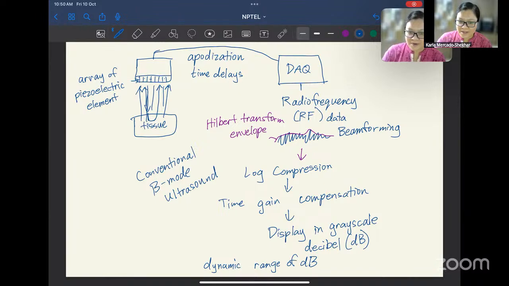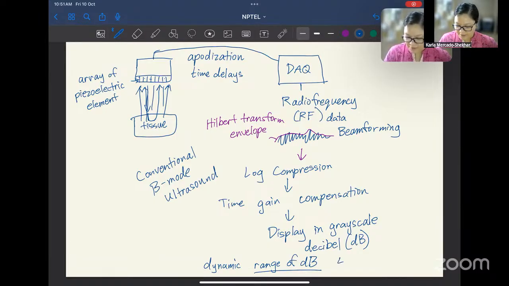So if you have a really bright echo and your display is in decibel scale, sometimes the bright echo will be too bright for you to see any of the lower backscattering type structures. So then the sonographer would adjust the range of dB scales.